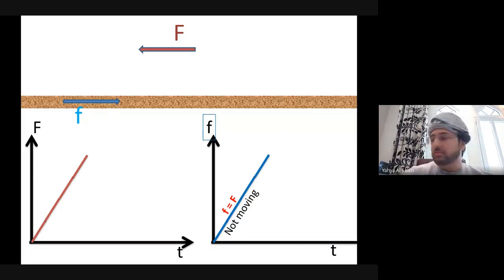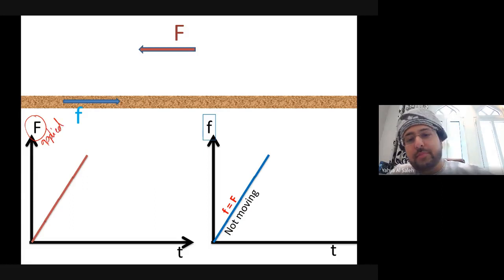And we knew this naturally. If I'm trying to move this and I'm just trying to do it just nicely, it's not going to move. I need to push it with enough force to move it. But how do we quantify this in numbers? So F here is the applied force, and the blue one here is the friction force.